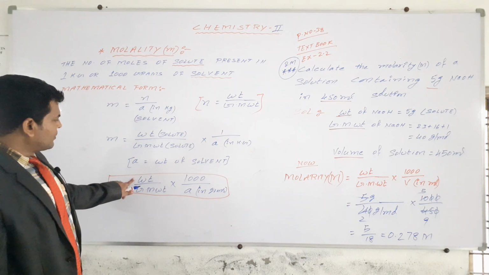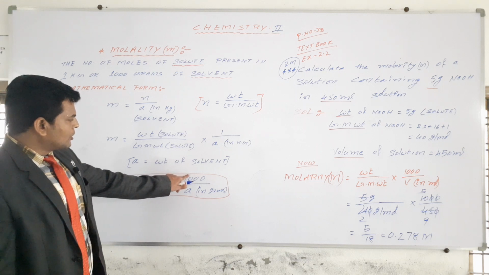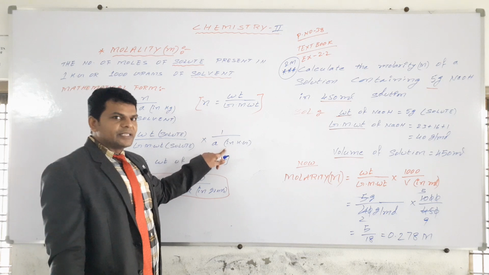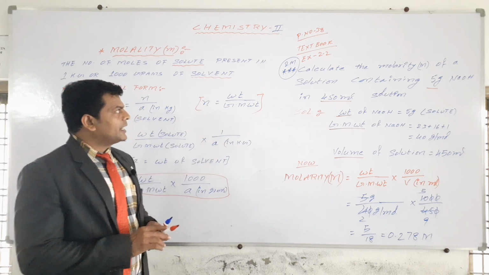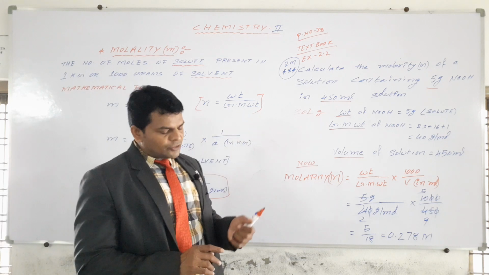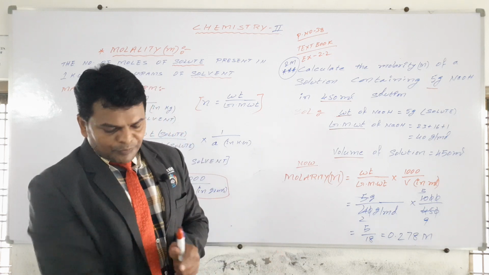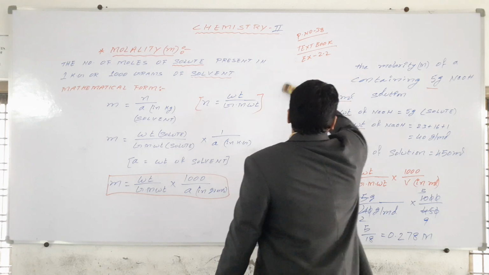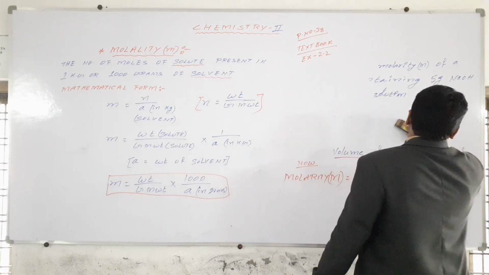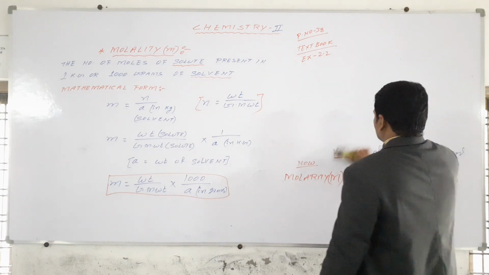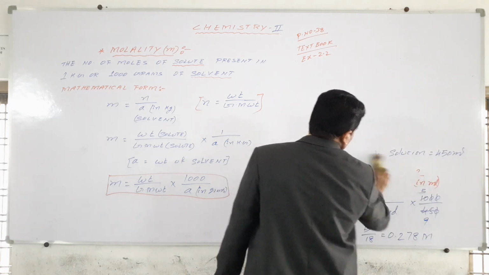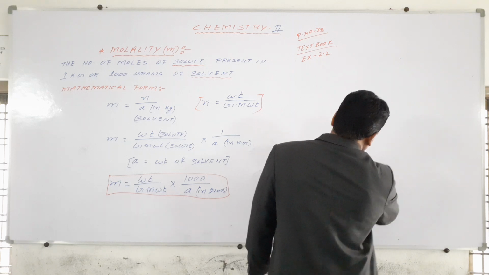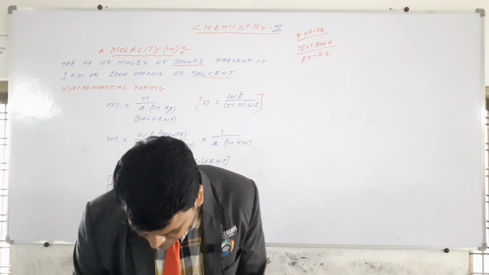M equals number of moles in 1000 grams of the solvent, or number of moles in 1 kg of the solvent. Okay. Then we are going to discuss one problem.